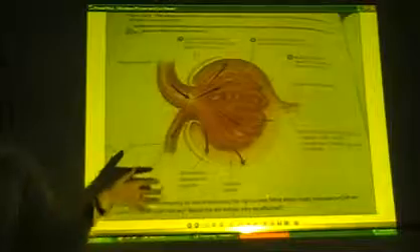So your glomerular filtration rate is maintained at a constant value. To maintain it, mostly your net filtration pressure will be increased or decreased.